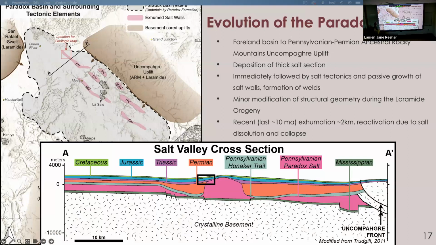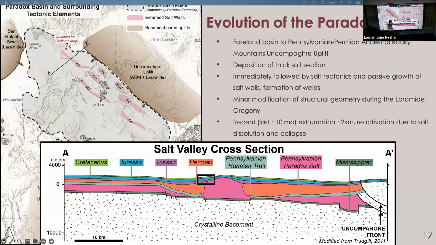Okay, so this is a cross section going through Salt Valley just to kind of show some of the geometries. So this is the salt wall of Salt Valley, and the Uncompahgre uplift created the accommodation space necessary for the basin. The one thing I wanted to point out is the Permian through Triassic, so the red and purple units here, have significant thickness variations along the flanks of the uplift.